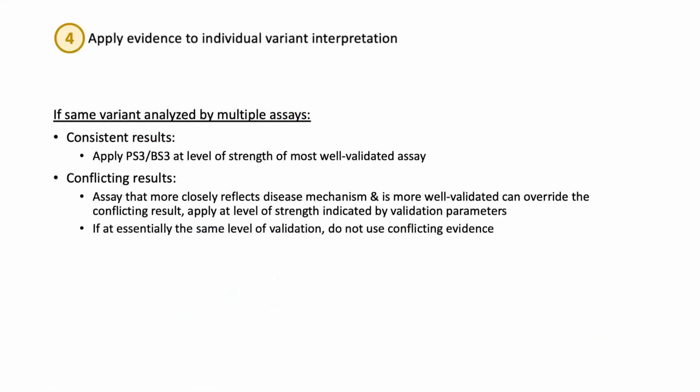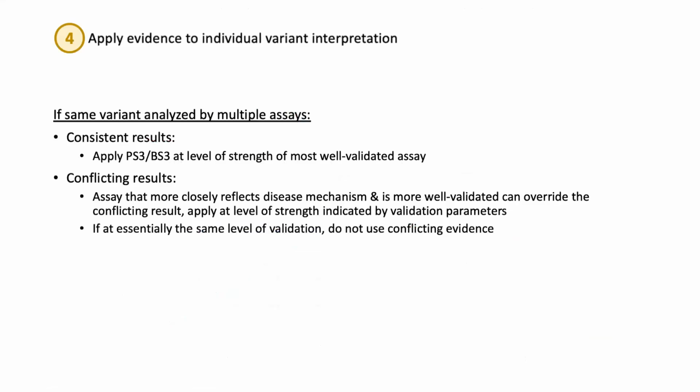And if the same variant is analyzed by multiple different assays, or the same assay by different groups, and the results are consistent, then you want to apply the functional code at the level of strength of the most well-validated assay.